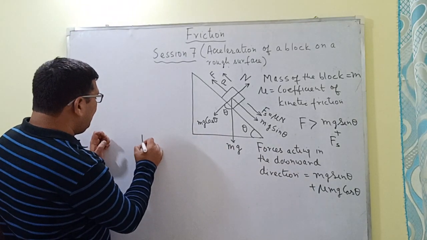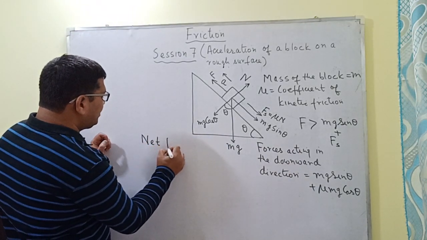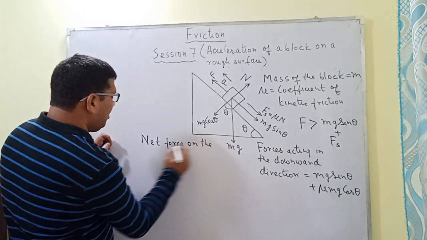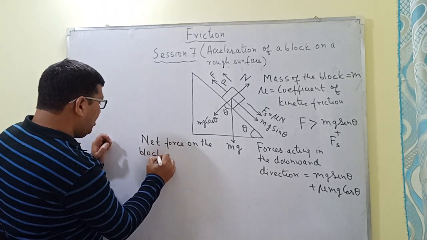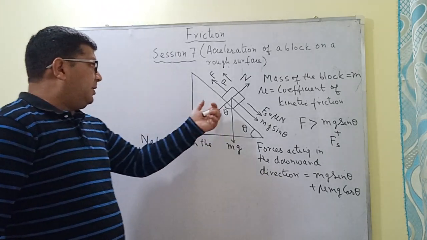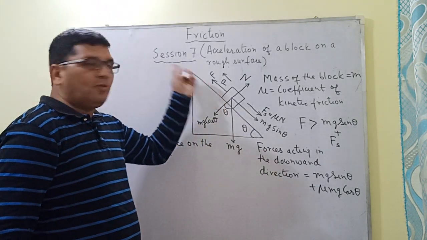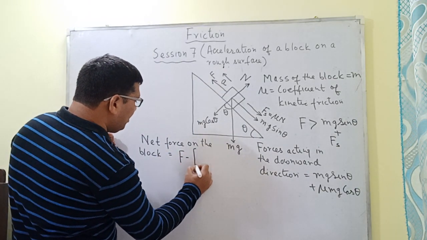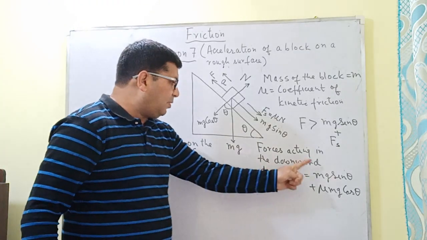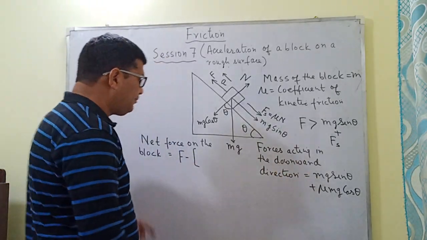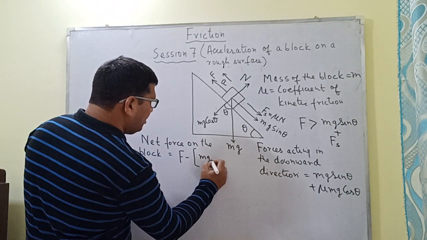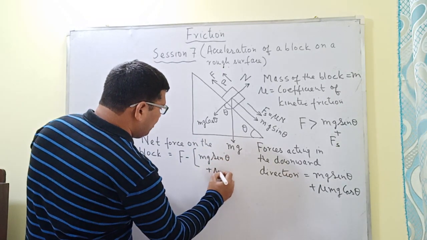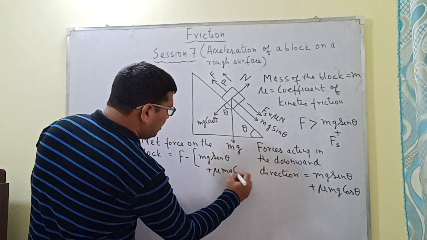So the net force on the block if it is moving in the upward direction will be equal to F, the external force, minus the sum of the forces which are acting in the downward direction, which is equal to mg sin theta plus mu mg cos theta.